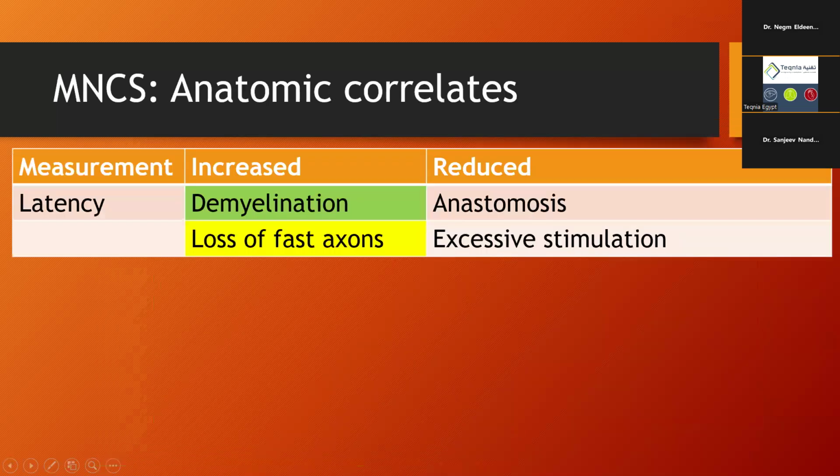So let's look at the anatomic correlates of our recordings. Latency can increase, and the primary mechanism is demyelination. Because of demyelination, action potentials will conduct slowly, and therefore they will take more time to go from the stimulation sites to the recording electrode.